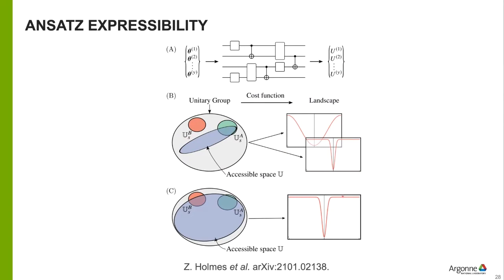And this causes problems, like when you start in one of these points here, when the gradient is zero, you can't update the parameters to minimize the energy. And this problem is called barren plateaus.